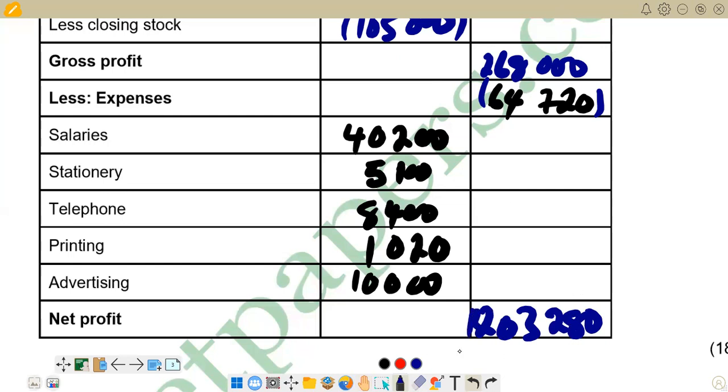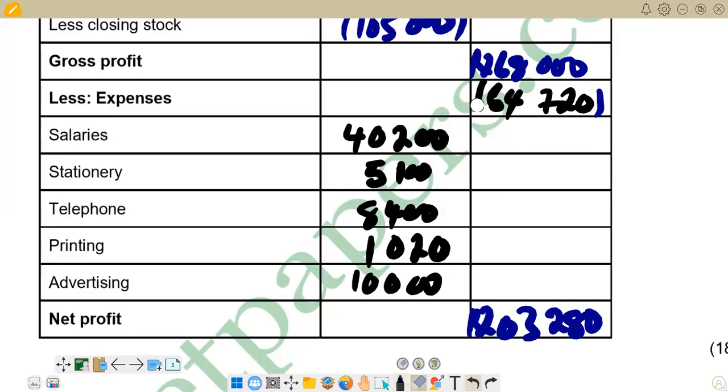So here also we are supposed to put it in rands there. Here we've got 64,720, and we are subtracting here, and then obviously there we also have rands. You can just put it in the rands there.